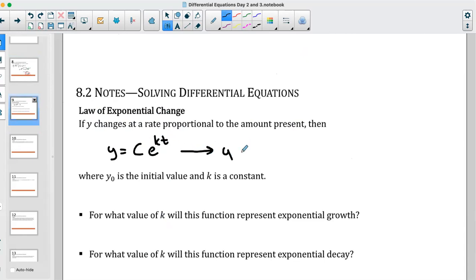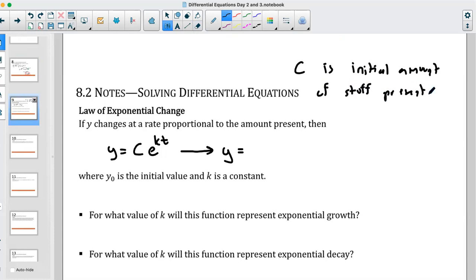Usually for these problems, the c is the initial amount, so it's however much you started with. It's the initial amount of stuff present, or the number of things present if we're talking about sheep or bacteria or something.